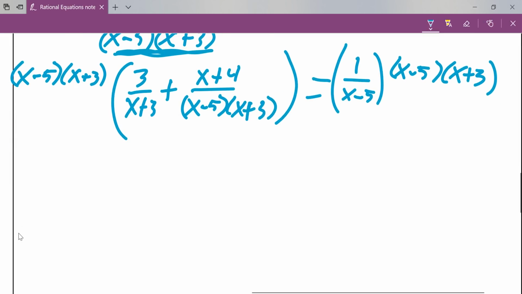So now we're going to distribute this into each of these terms.